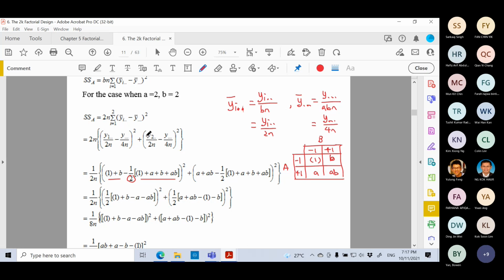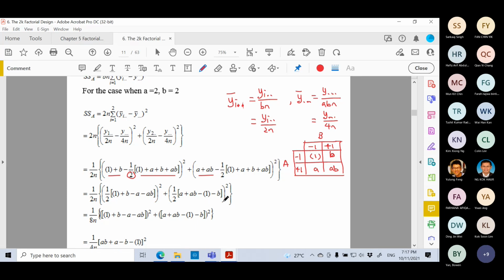So y2 dot dot means that for A at the second level, because you have a first level and second level, the total is A plus AB here, minus away the remaining total squared. If you simplify this part before you take the square, you get the following form, plus another component here.